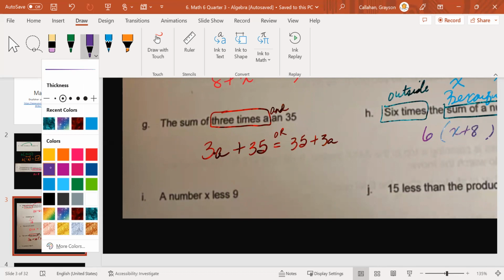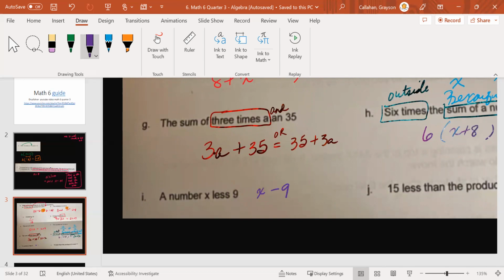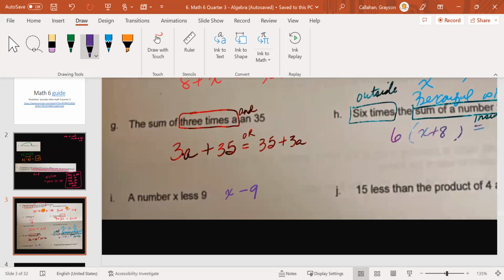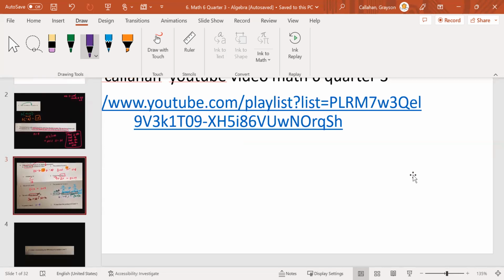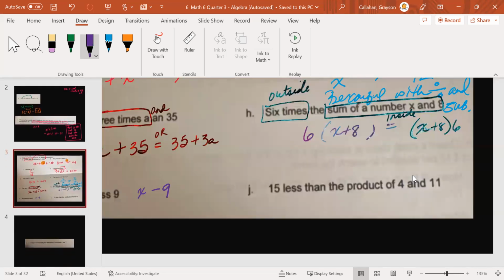Isn't it X minus 9? Yeah, I think. What did Jay say? Can I see the rest of it? Minus 4.